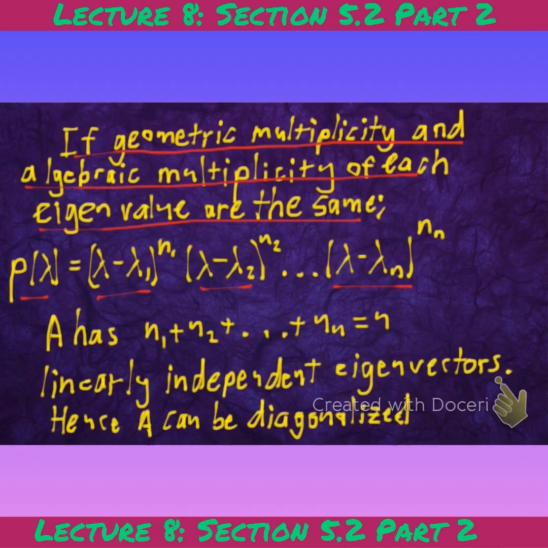Now, we said the algebraic and the geometric multiplicity of each one of these eigenvalues is exactly the same. So the eigenspace corresponding to lambda 1 has dimension n1. The eigenspace corresponding to lambda 2 has dimension n2. Up until lambda n, the eigenspace corresponding to lambda n has dimension n subscript n.